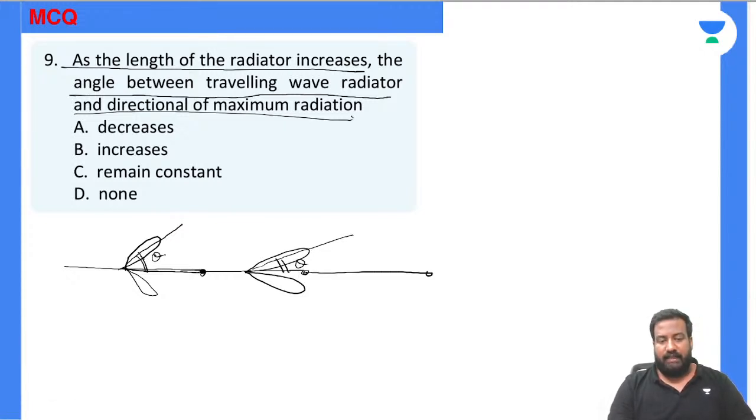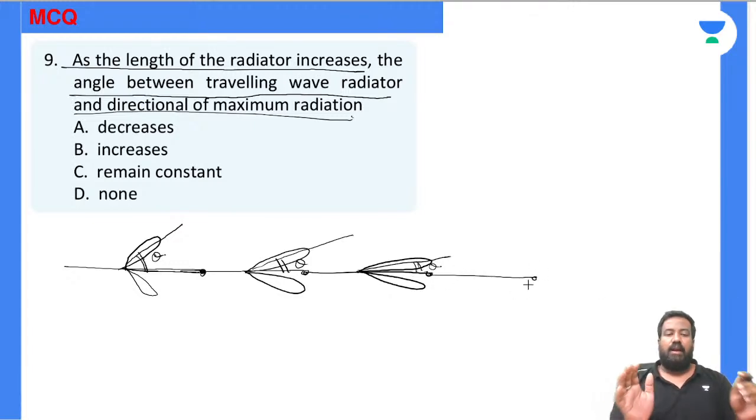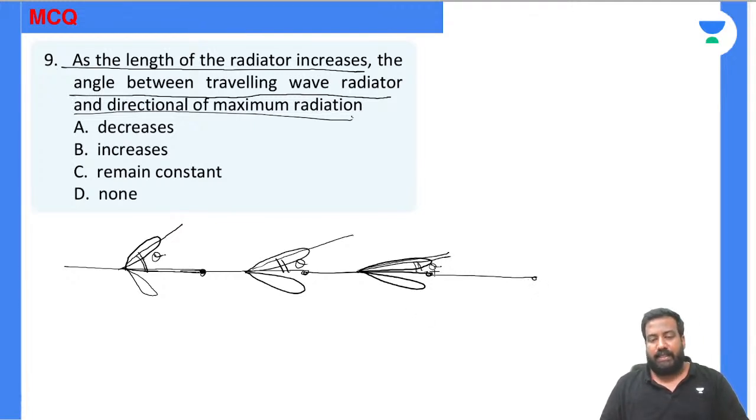If you still increase the length, still getting very close, theta still decreases. As the length increases, theta is getting decreased, or the main lobe is aligning more. The direction of maximum radiation is aligning more to the radiator. You can see the angle which is decreasing. So as the length of the radiator increases, the angle between the radiator and the direction of maximum radiation decreases.